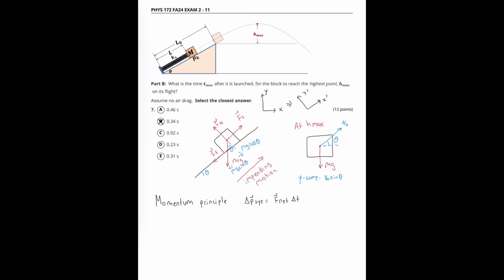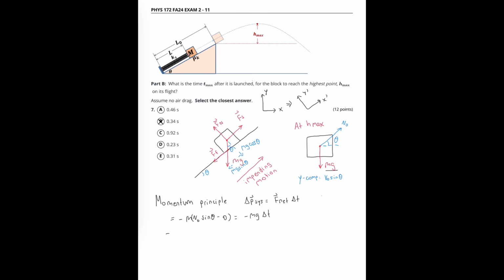In this case, our system is just our block. So we know it's moving at minus m v naught sine theta, minus our initial of 0, is equal to minus mg, because the only force is gravity acting downward, times delta t.